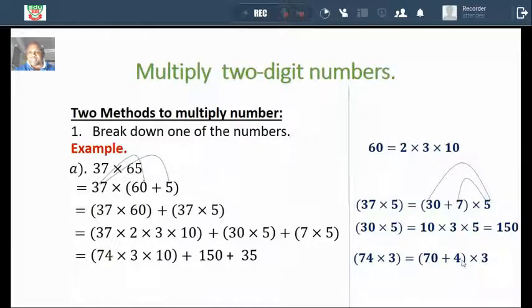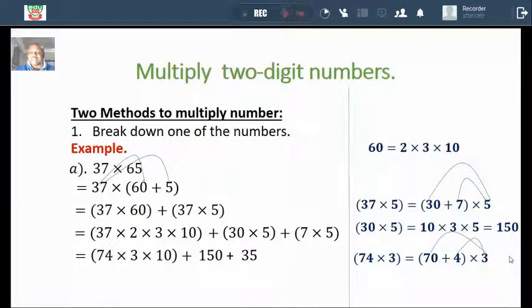Now, what we do, we have 70 plus 4 all times 3. Remember the same thing again: numbers inside the bracket multiplied by the number outside the bracket. Each must be multiplied by that number. So you're going to have 3 times 70 and 3 times 4.